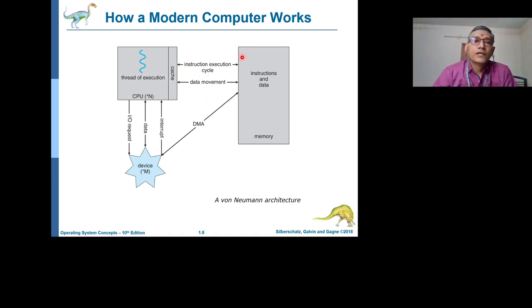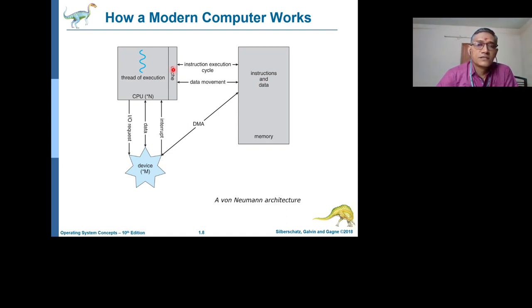If the processor needs to execute any instruction, the instruction and the data associated with it should reside in the main memory and should be fetched from the memory. That is the first cycle, the instruction fetch cycle. Then the instruction will be decoded, meaning the processor understands what it should do for that instruction, and then the execute cycle.